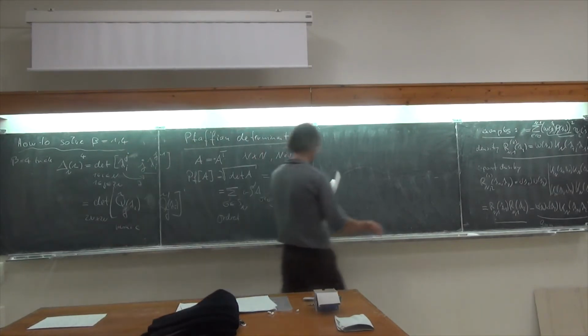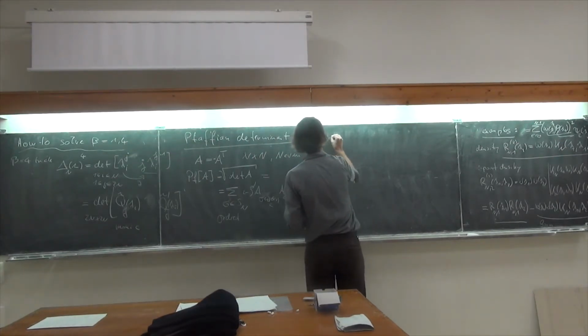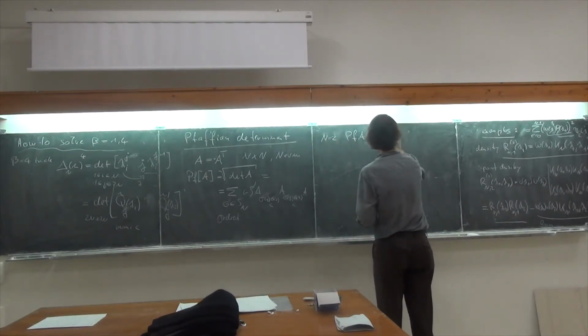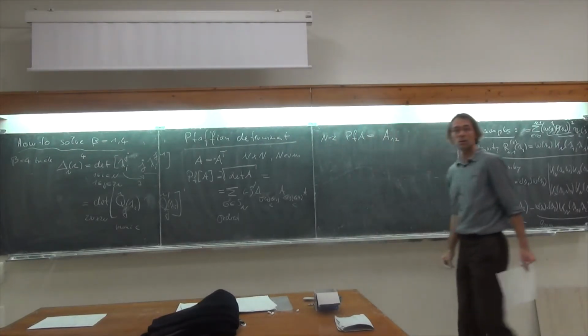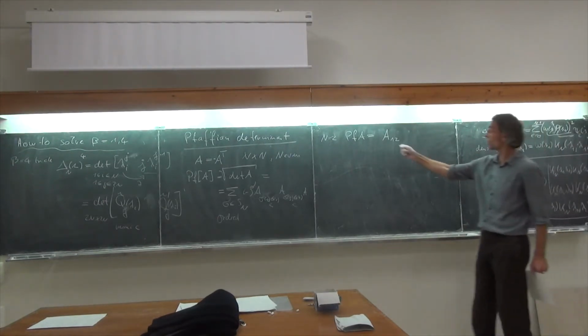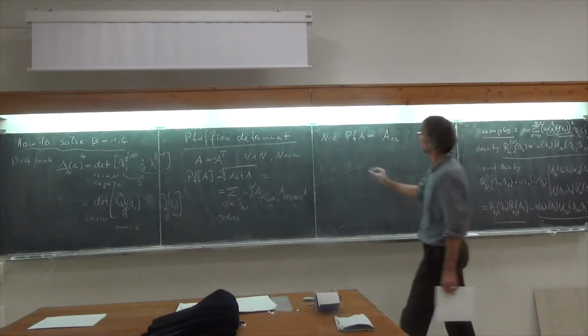So let's first do an example. n equals 2. The Pfaffian of A is just A_12, since you have two indices and can only have one permutation where the first index is less than the second.